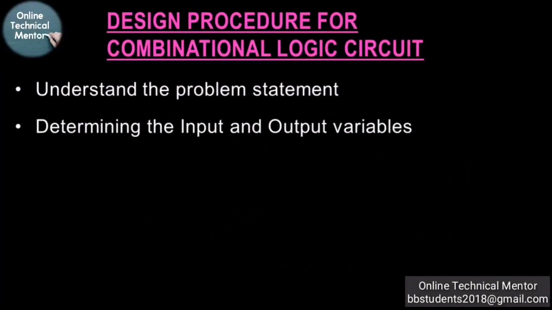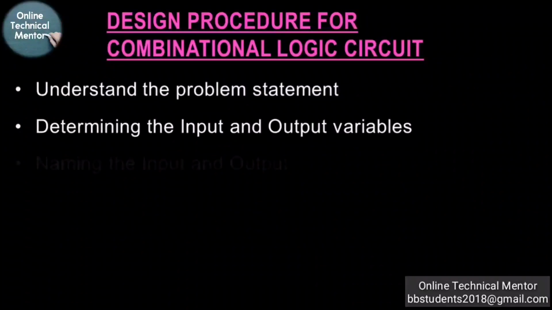Next, determine the input and output variables. You have to identify the number of inputs and outputs required for the given problem. So after reading the problem, you have to identify how many inputs and how many outputs are required for that problem.